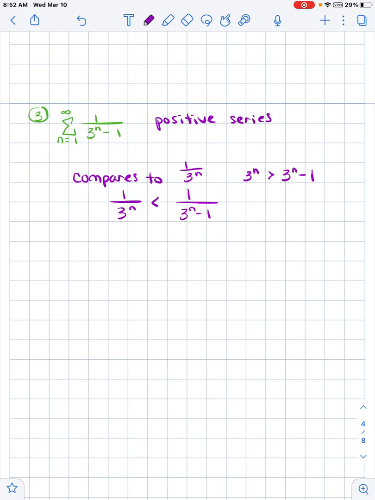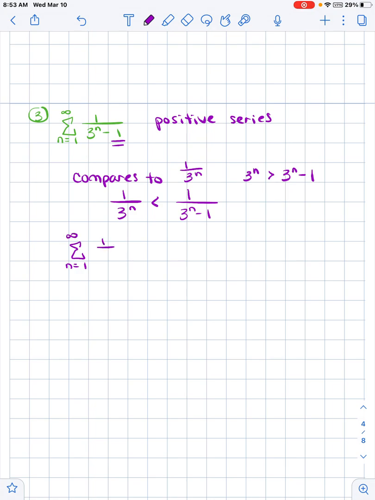Okay, we've got our first three parts. We know this is a positive series. Every term will be positive. Compares to 1 over 3 to the n, because as n approaches infinity, this minus 1 is negligible. I know that the denominator of 3 to the n will be bigger than the denominator of 3 to the n minus 1, which makes this fraction smaller then.